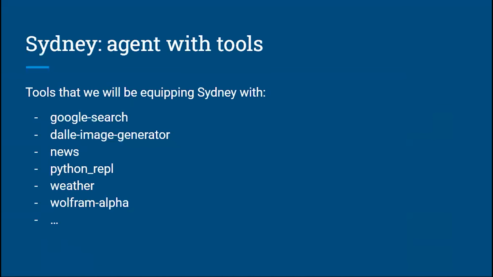In particular, we're going to enhance our chatbot agent, Sydney, with tools such as Google Search, DALL-E image generation, news, Python REPL, weather, Wolfram Alpha, and a variety of other tools. So let's get to it.